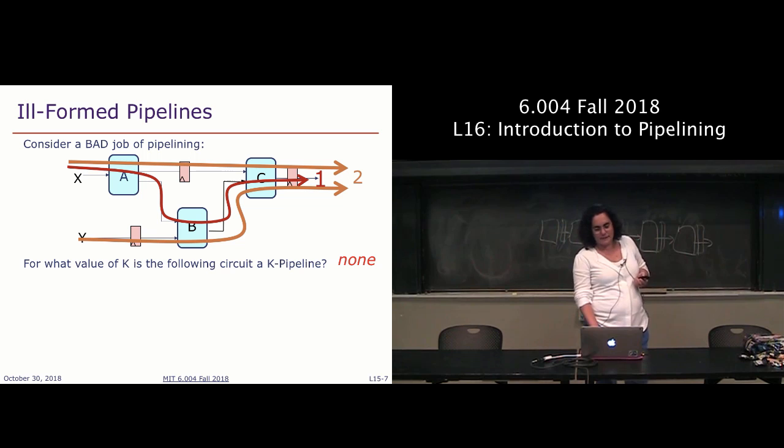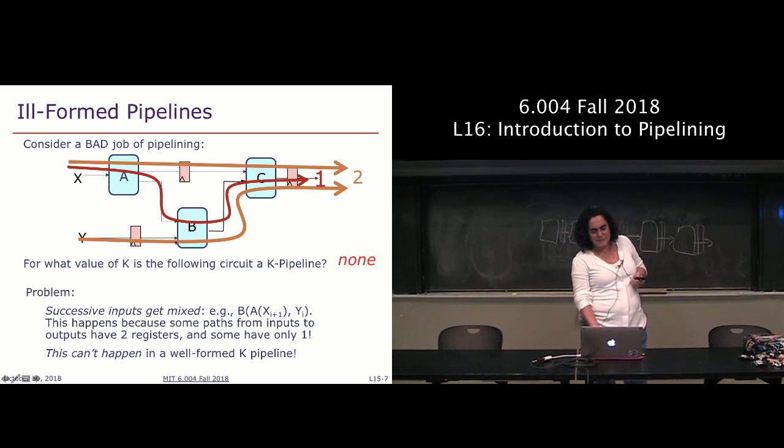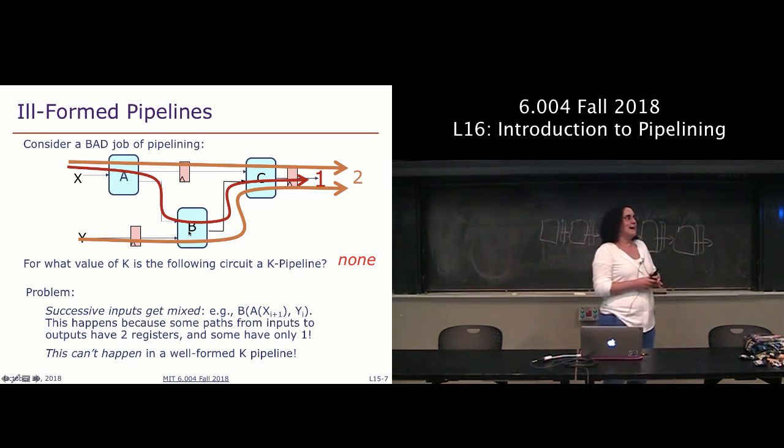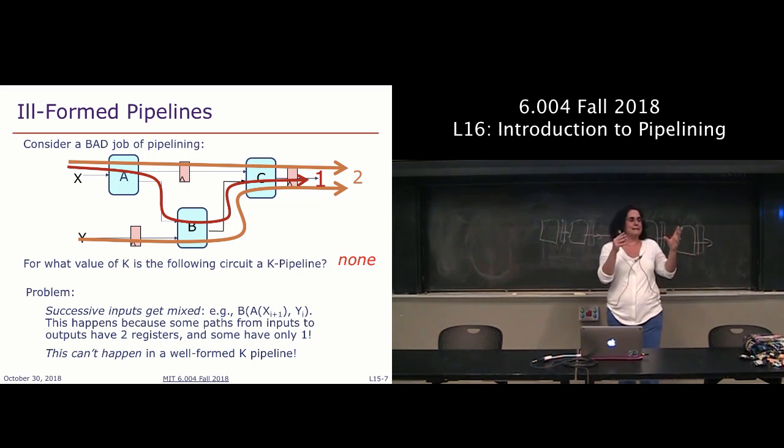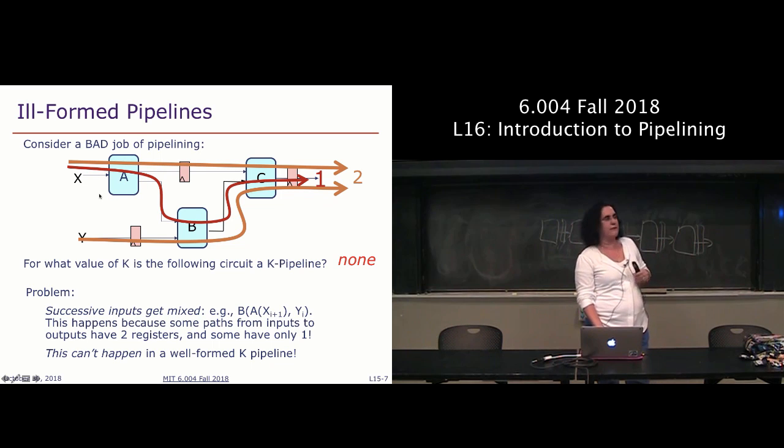The implications are that this module B here is getting inputs from 2 different, they're mixed basically. So let's assume we started with x sub i and y sub i in my first clock cycle. Okay, in my next clock cycle, y sub i made it over here, but now I have x sub i plus 1 working through here.